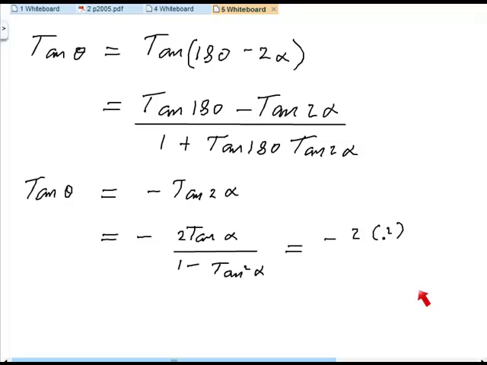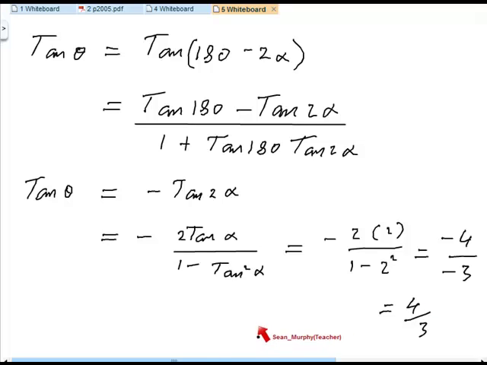That's minus 2 into 2 over 1 minus 2 squared, which is minus 4 over minus 3, which is 4/3. So the tan of theta is 4/3. In other words, theta is the inverse tan of 4 over 3, which is what we were asked to prove.